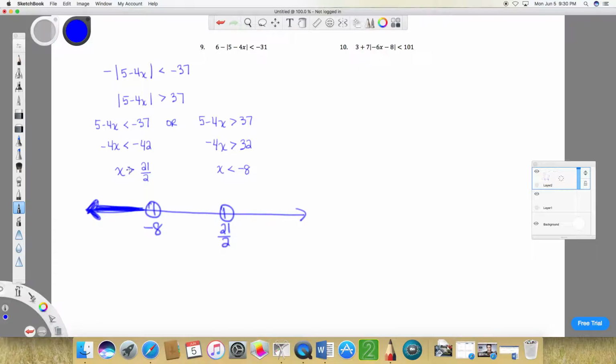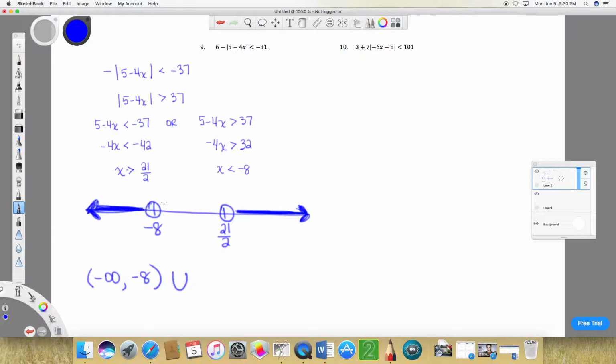Now let's look at this one on the left here. X greater than this 21 over 2 are all these numbers that are bigger than this 21 over 2, than this 10.5. Now we want to describe this using interval notation. The left arrow is shaded. That's a negative infinity. This endpoint is hollow, so I have to use a parenthesis and not a bracket.